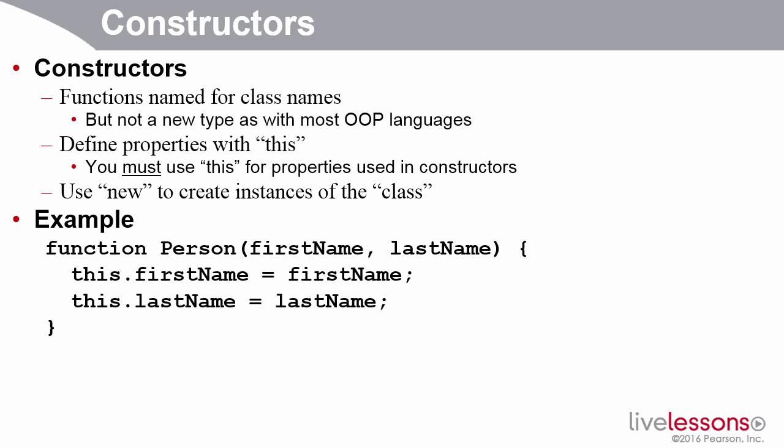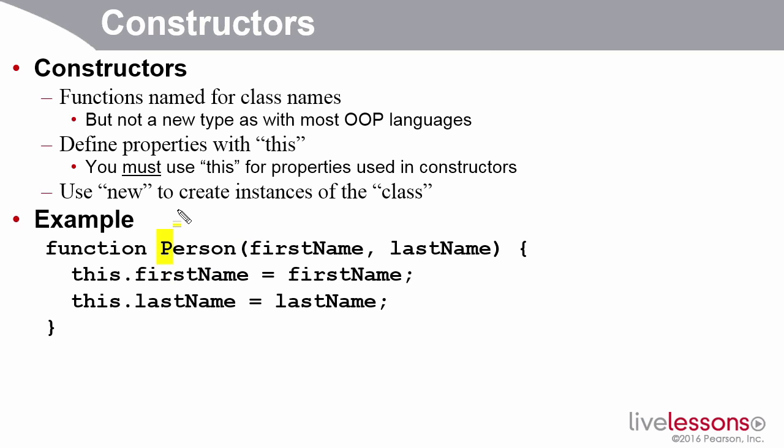So I make a function called person. It's a little bit odd that it's a function because you're going to use it not in the normal way that you use functions to call it and get a return value, but instead to build instances of an object. By convention, when you make a function that's going to act as a constructor for building a class, you start it with an uppercase letter.